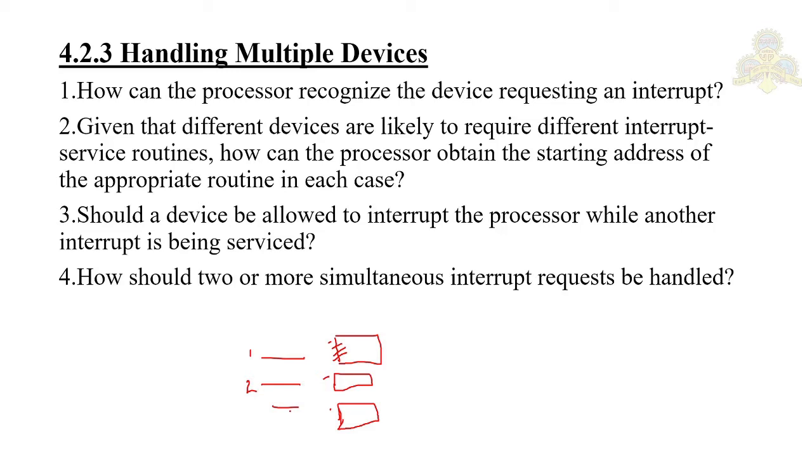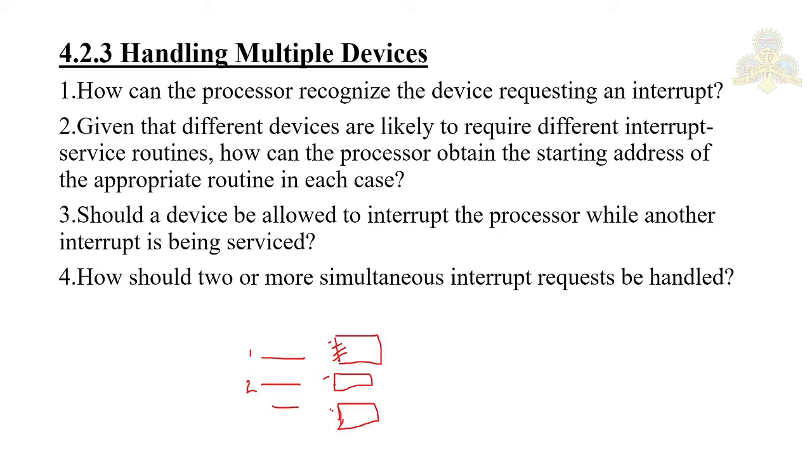The fourth one is, how should two or more simultaneous interrupt requests be handled? If two devices initiate the interrupt at the same time, which device gets the priority? These are all questions that come to mind when devices initiate interrupt requests.